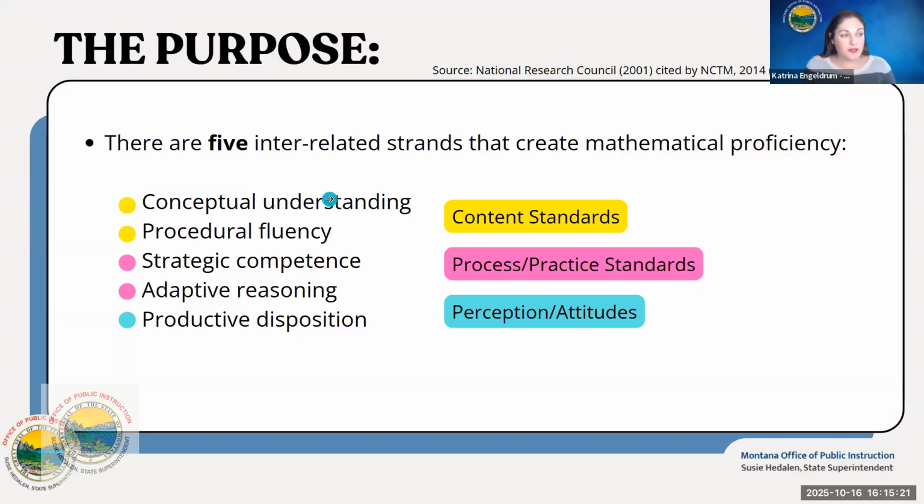They're conceptual understanding and procedural fluency, which really translate to those content standards. Then we have strategic competence and adaptive reasoning, which are typically our process or practice standards. And then the last really important component of this rope that we're building is the productive disposition. So these are the attitudes and perceptions that students have about their ability to learn.